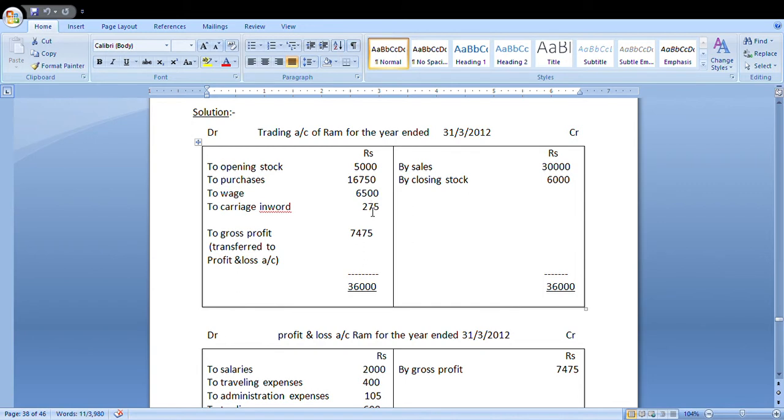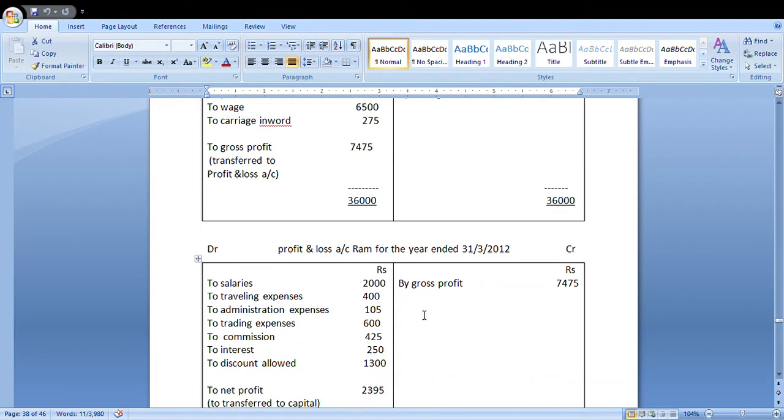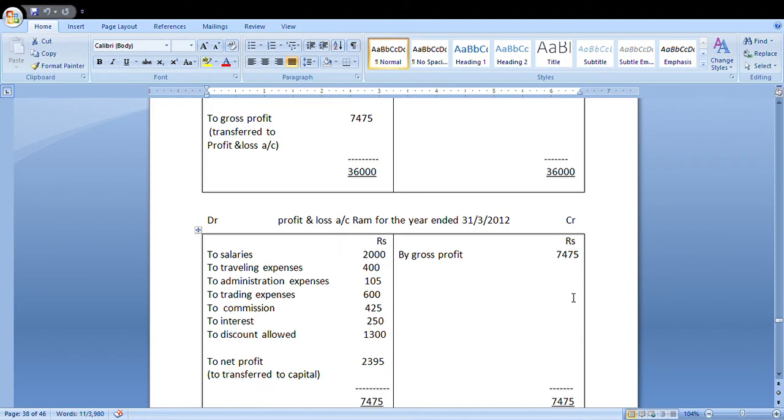The remaining balance is the gross profit. This gross profit is transferred to the profit and loss account, entered on the credit side as gross profit.